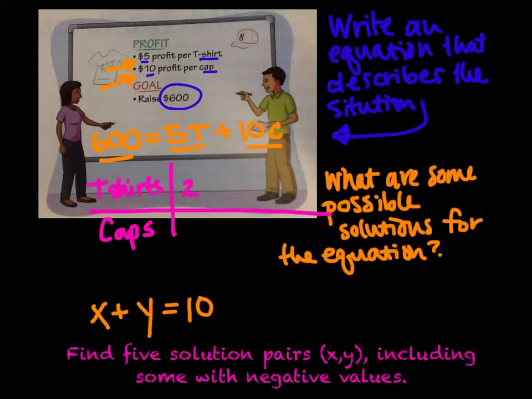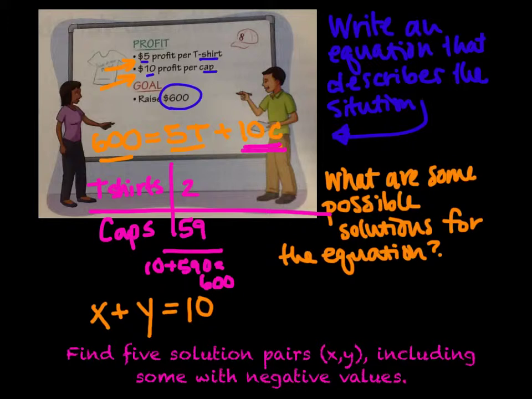Then all the rest of this $600 has to be taken up by the caps. So $590 has to come from the caps. That means I'd have to sell 59 caps, because 10 plus 590 is equal to a $600 profit. So one possible solution is 2 t-shirts and 59 caps.